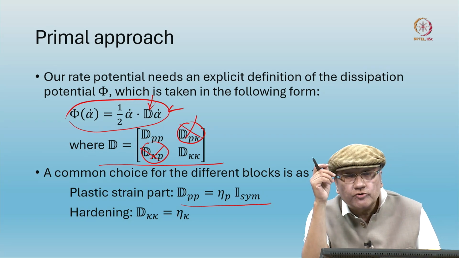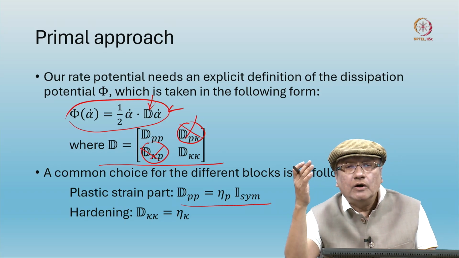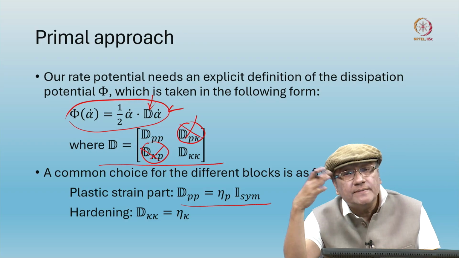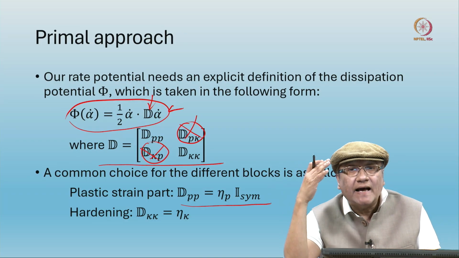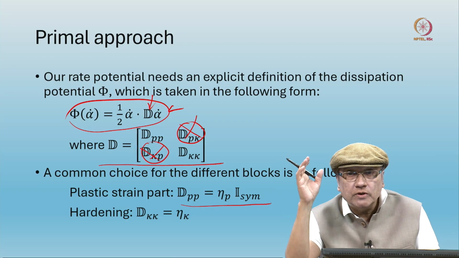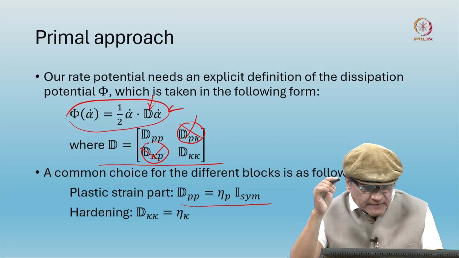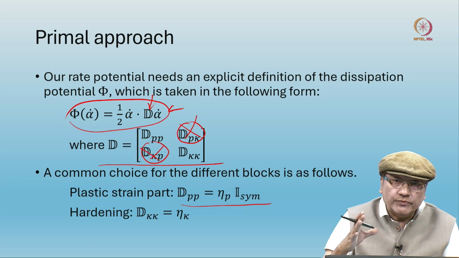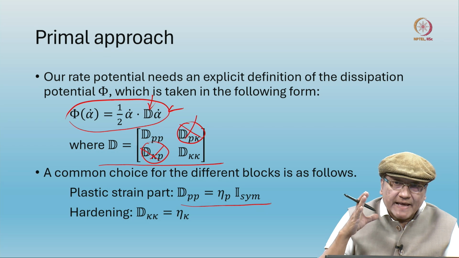Script I symmetric is basically a fourth order tensor which acts on a symmetric second order tensor and produces the same symmetric second order tensor. So it is an identity transformation on all symmetric second order tensors. Eta p is a scalar. P means it corresponds to epsilon p. It is basically the relaxation or the damping associated with the plastic flow.